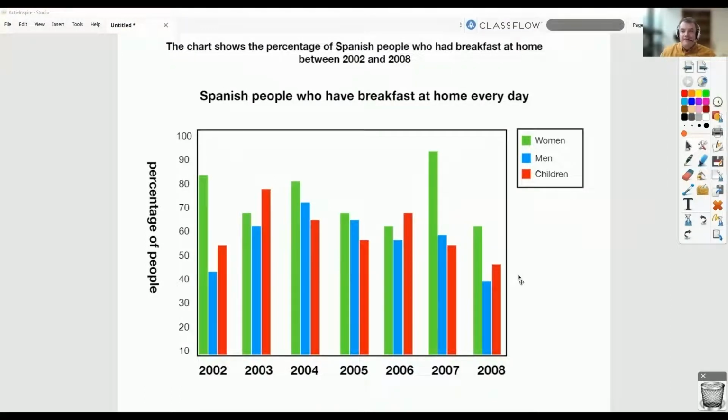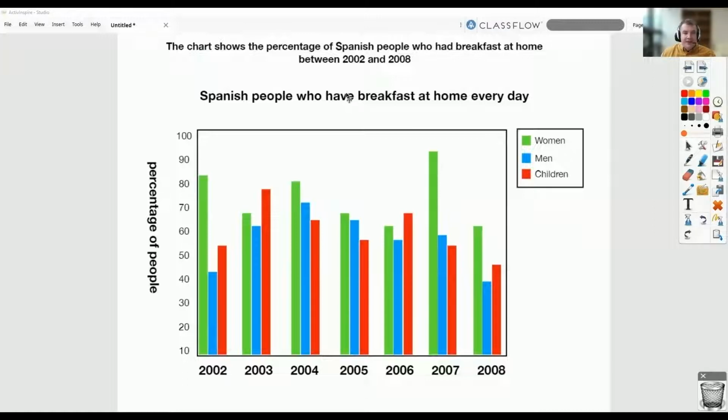Okay, great. So let's get started. So here is the bar chart that we will tackle in this lesson.